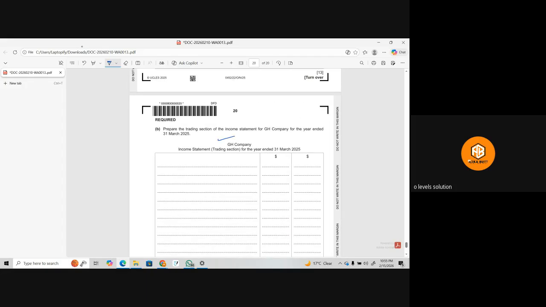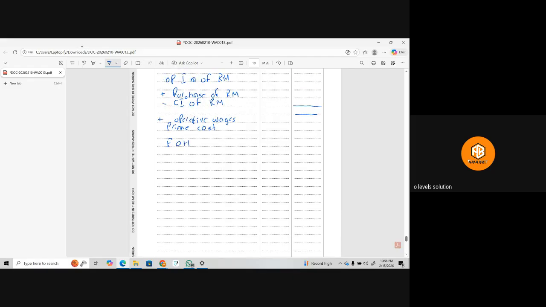Then they are saying that you need to prepare a trading section only for the company. Here we will write the revenue, then we will deduct the cost of sales. Here we will write the opening inventory of finished goods, purchases of the finished goods, cost of production, which we will find from the manufacturing account at the end.